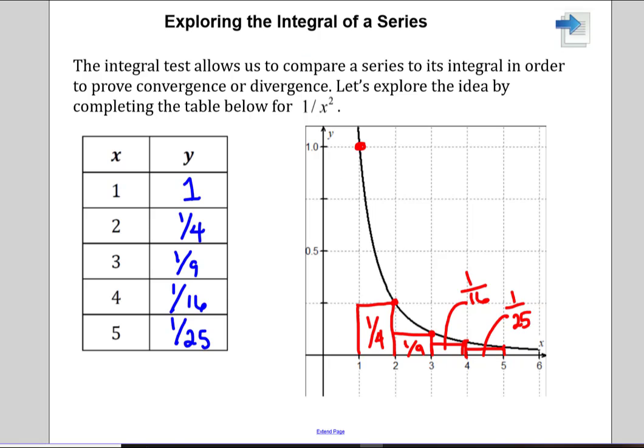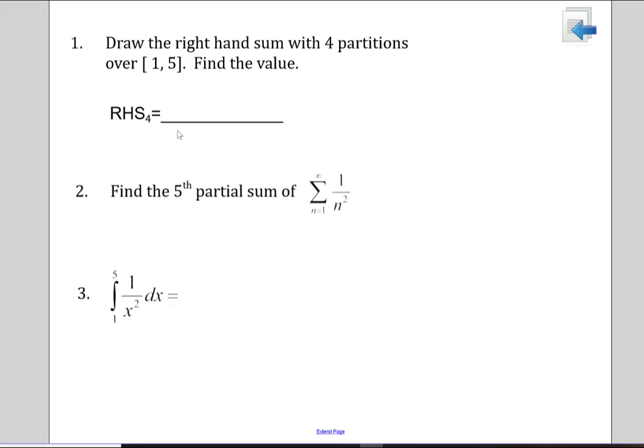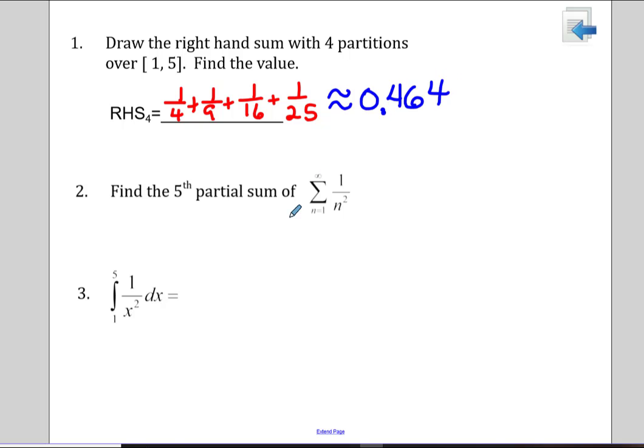So using those pieces of information, our right-hand sum would be 1/4 plus 1/9 plus 1/16 plus 1/25. And I'm going to use my calculator to estimate that. Looks like about 0.464.